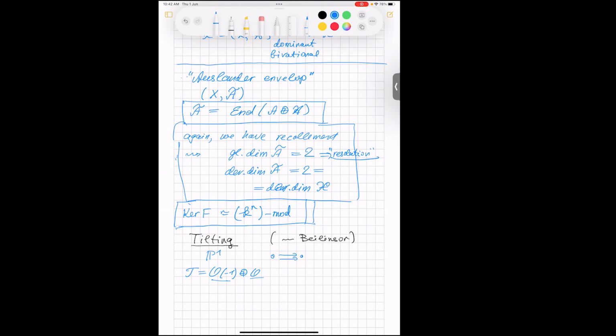Then it is a so-called tilting object, which means the following. First, there are no self-extensions.